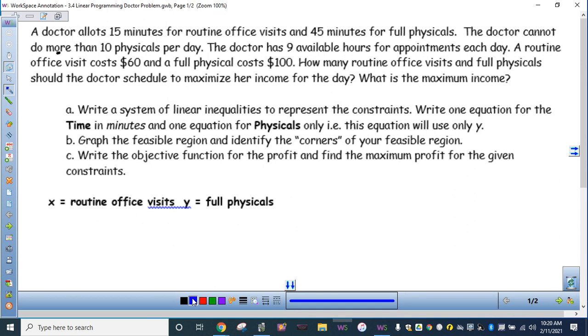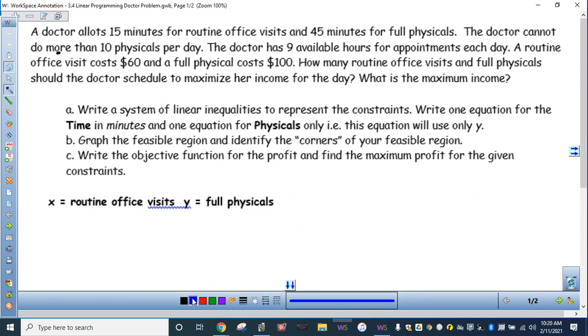So it says the doctor allows 15 minutes for routine, 45 for full physicals. Doctor cannot do more than 10 physicals per day. Doctor has 9 hours for appointments each day. Routine office visit costs 60, full physical 100. How many routine and full physicals should the doctor schedule to maximize their income for the day? And then what is the income?